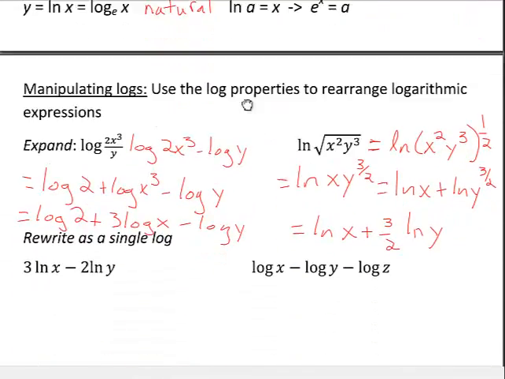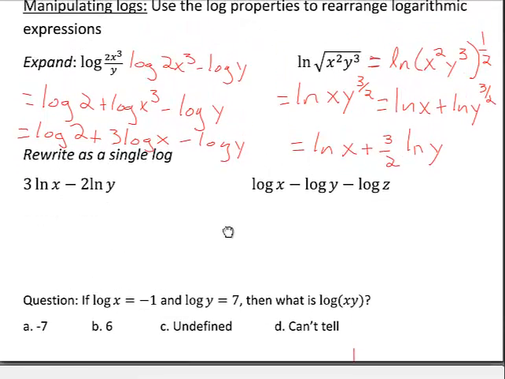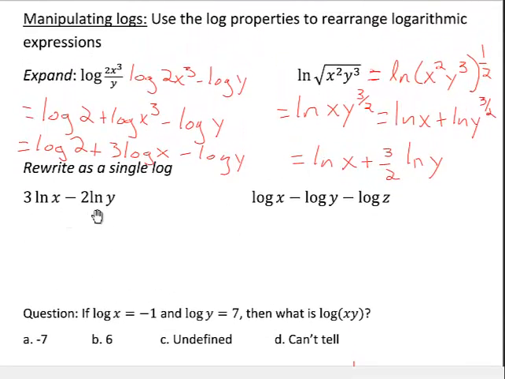It doesn't actually say anything when you have something times a log minus something times a log. But that's okay. We can rewrite this as the difference of two logs by simply bringing that exponent up top. So instead of having 3 times the natural log of x, we have the natural log of x to the third. And instead of 2 times the natural log of y, we have the natural log of y squared.